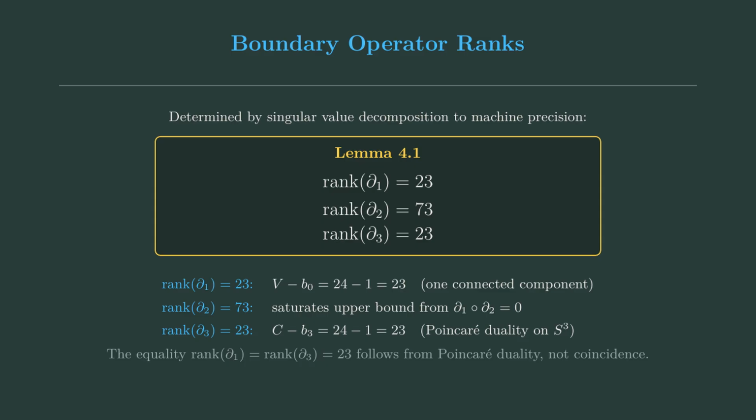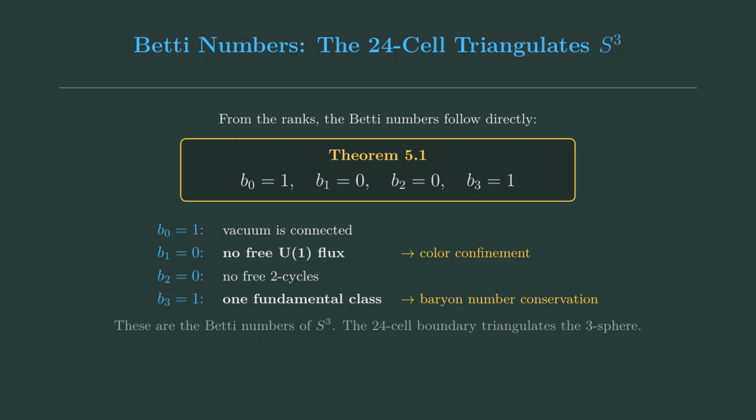The kernel of delta 1 has dimension 73, and the rank of delta 2 achieves that maximum. Rank of delta 3 is 23, by Poincaré duality on S3, rank of delta k equals rank of delta 3 minus k. So rank of delta 3 equals rank of delta 1. Not a coincidence, a consequence of the 24-cell's self-duality.